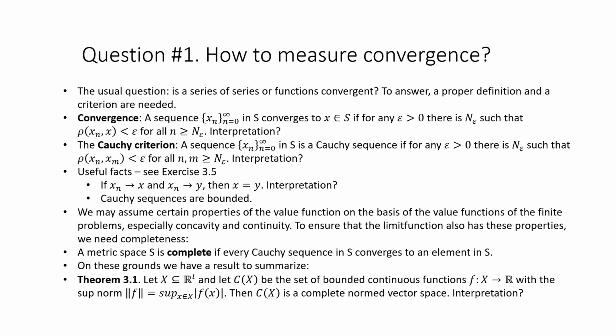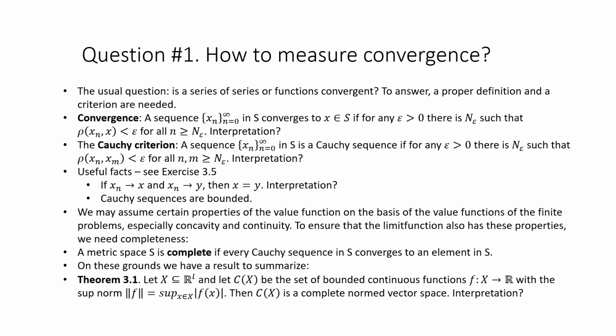We have some useful facts, and you can see I'm referring back to exercise 3.5. This is the reason why I told the other day that exercises and solutions to exercises are so instrumental to completing the book. So what useful facts do we have? If we have a sequence and the sequence is converging to x, and the same sequence is converging to y, then x is equal to y.